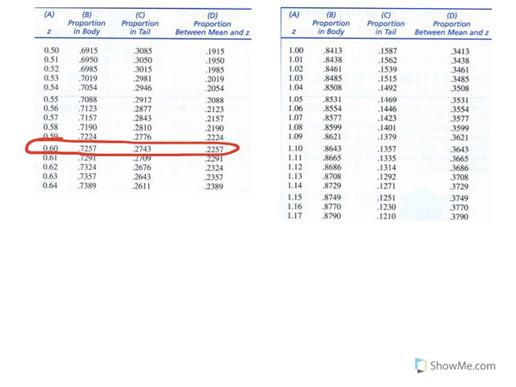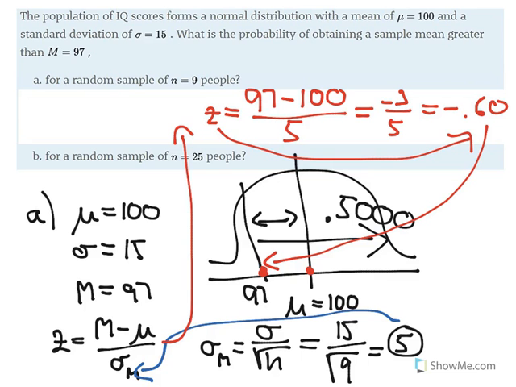Well, here you see this is the proportion between mean and Z. So the proportion is between mean and Z, so mean here and Z here. This right here is 0.2257 according to the table. But that's just in between here.